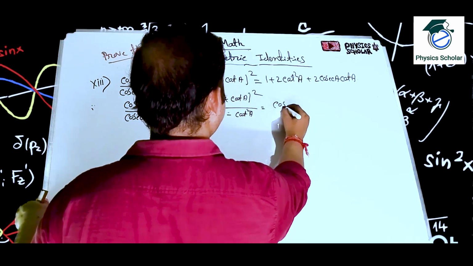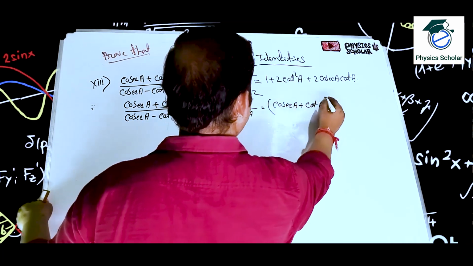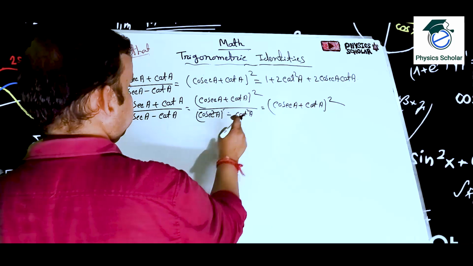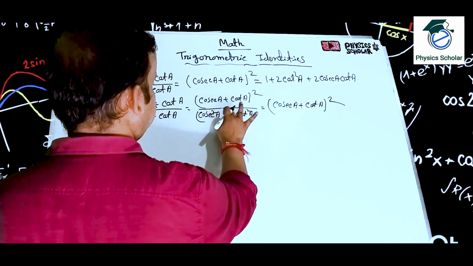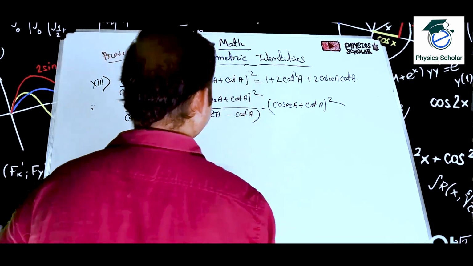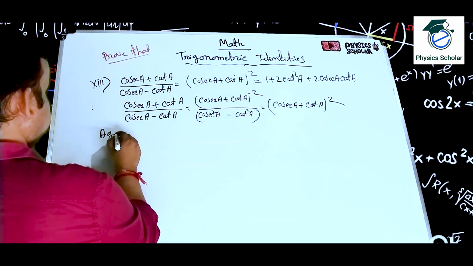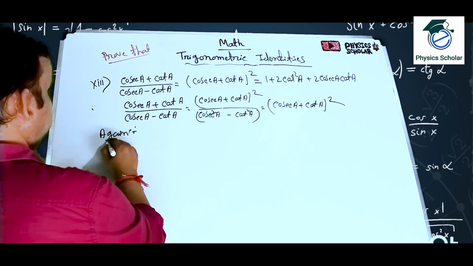So that means cosec A plus cot A whole square. This cosec square A minus cot square A means what? 1. Clear? So that's why it is 1. So this is coming. Now again, what you can write?